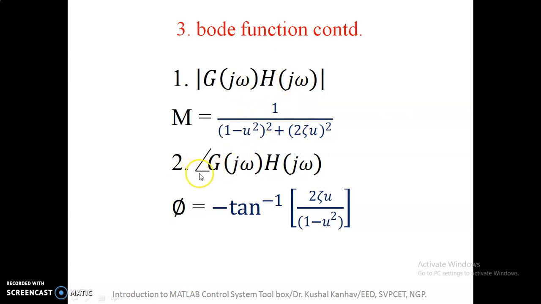Similarly, the angle of G(jω)H(jω) is represented as φ = -tan inverse of 2ζu upon 1 - u². So from the sinusoidal transfer function, we can obtain the magnitude expression and the phase angle expression for a standard second order control system.